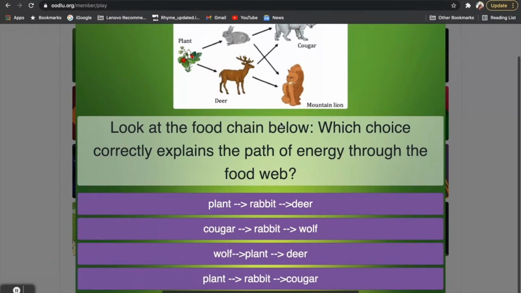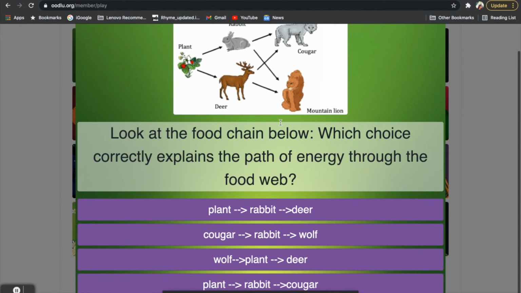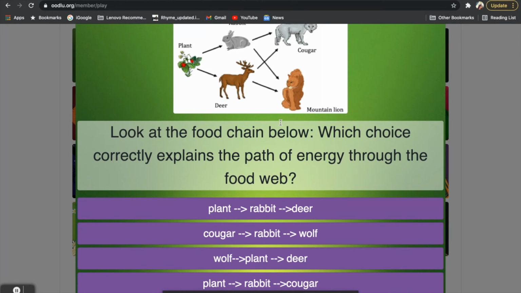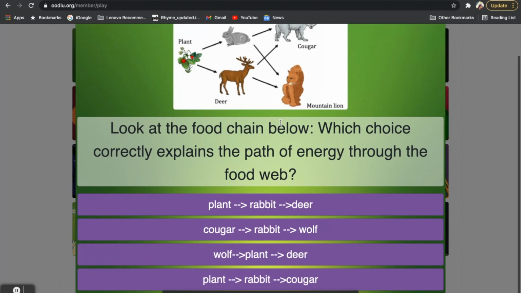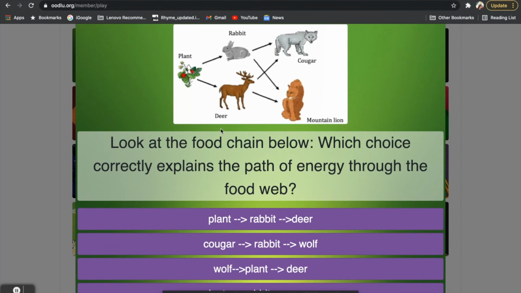Let's look at this food chain. Which choice is correctly explaining the path of energy through the food web? We know that producers like plants start out our energy. If we follow our plant to its first arrow, we notice that it goes to a rabbit. A rabbit eats plants for energy.